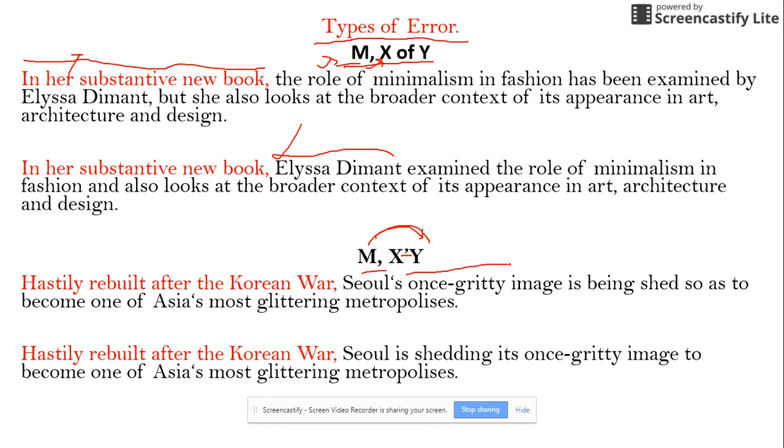So now this is a modifier modifying image. That's incorrect. Why? Because the image was not rebuilt after the Korean War, but Seoul itself was rebuilt. So here: hastily rebuilt after the Korean War, Seoul is shedding its once gritty image. The second one is the correct one. So this is the type of error that GMAT tests.